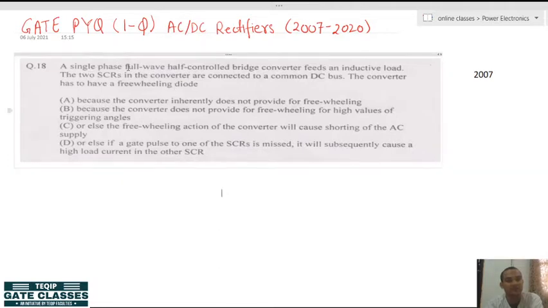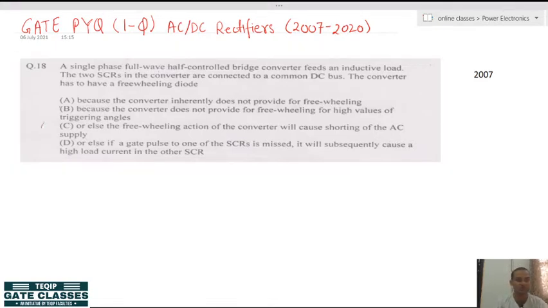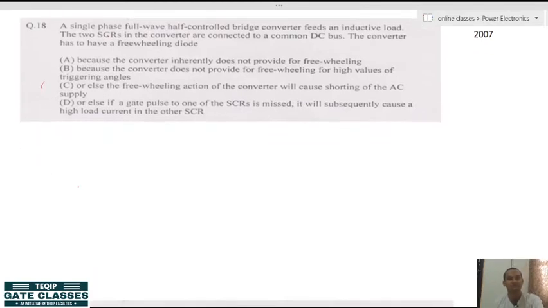Here it is given that the single phase full wave half controlled bridge converter feeds an inductive load. So if we just draw the circuit, it is given that two SCRs are connected to a common DC bus.